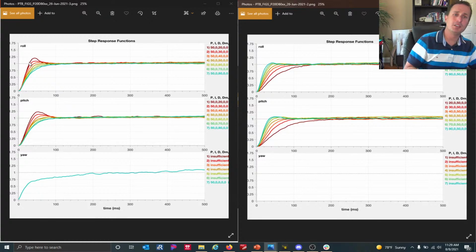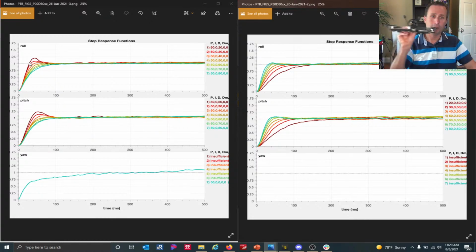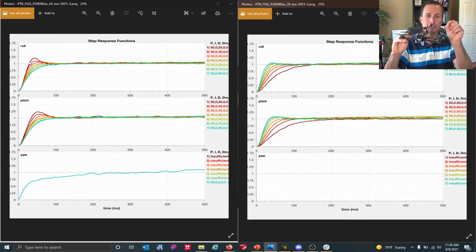Now, if you're not familiar with these plots, basically what this is showing is when he induced a twitch move, so he took the sticks and moved them over like that, like just whoop.